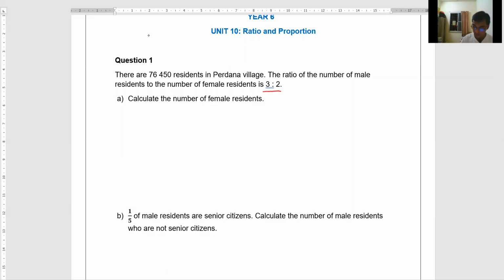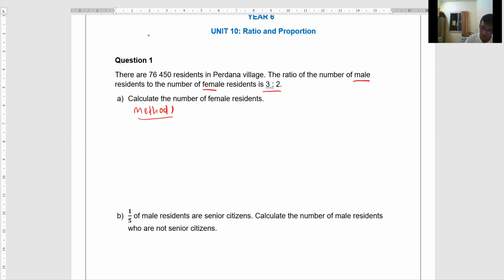I'll start with the first method. You may write here, method one. So I'll show you method one. The first thing is female and male. Male represents 3 and female represents 2.